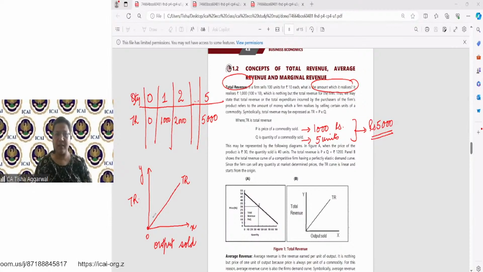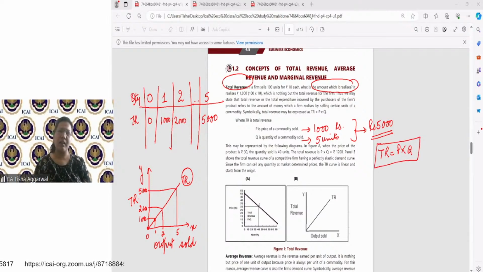Zero product, zero revenue. One product, 1,000. Two products, 2,000. And 5 products, 5,000. Perfect. So in that scenario, this is what is known as the total revenue. Clear? I can derive a formula: price into quantity.